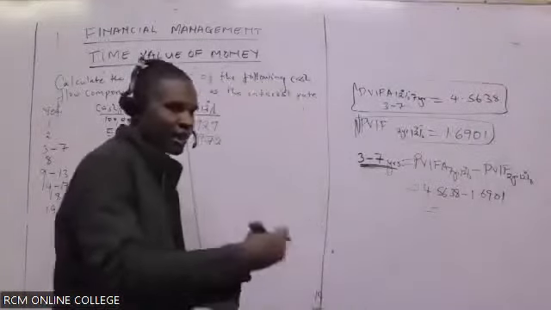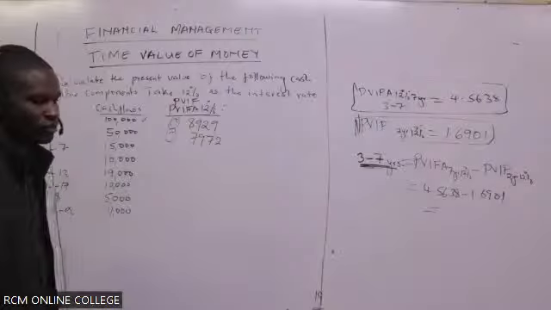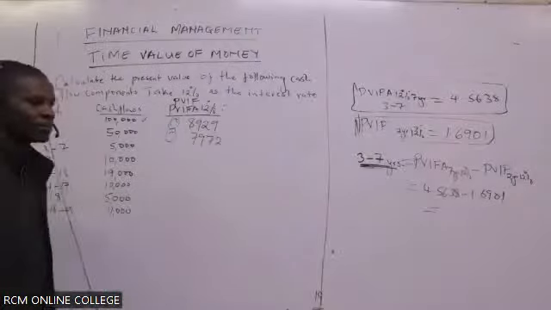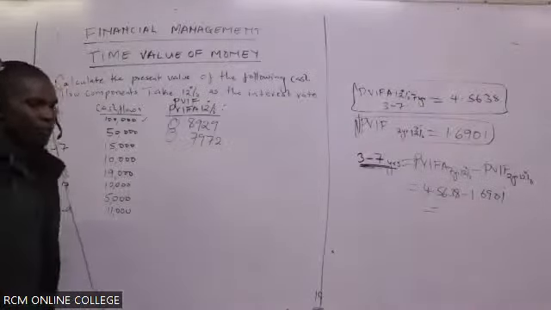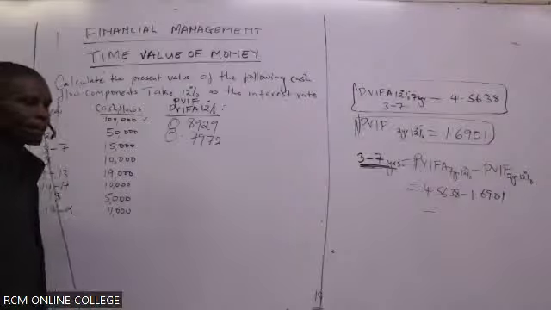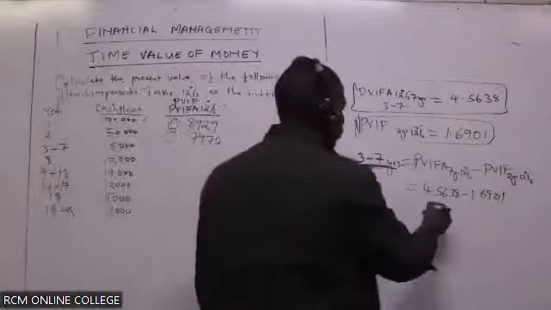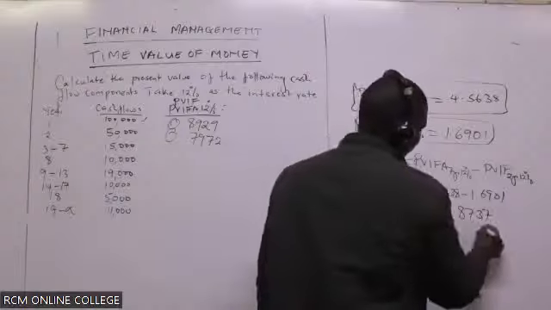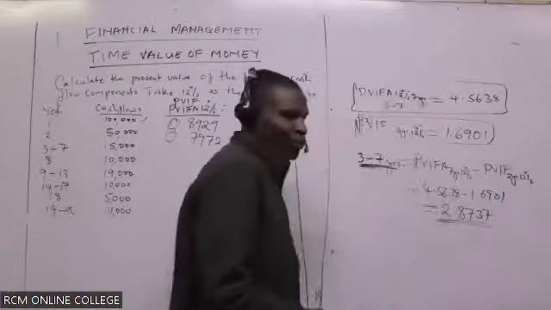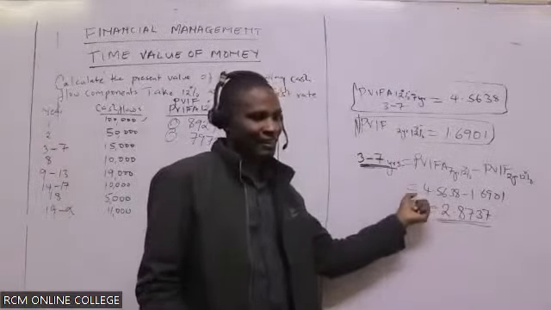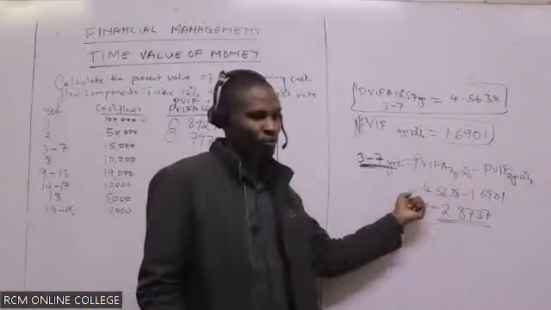I want to get variety so that at least we are able to assist each other. Let us compare notes. 2.8737 is what we get there. Good. Thank you. 2.8737. I hope everyone has seen how we got this. It is important.